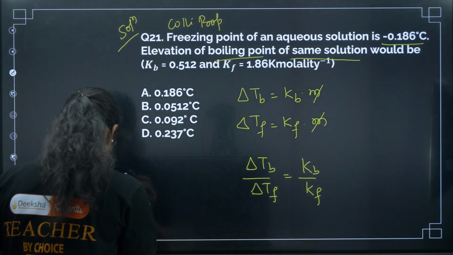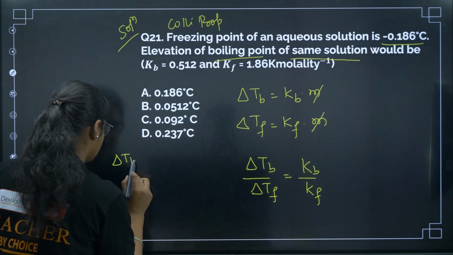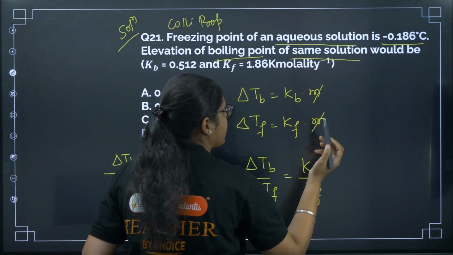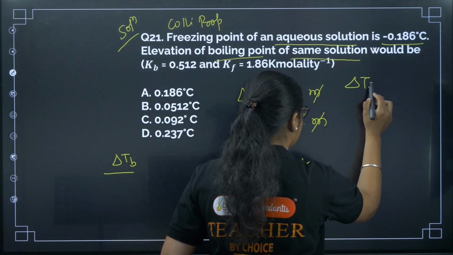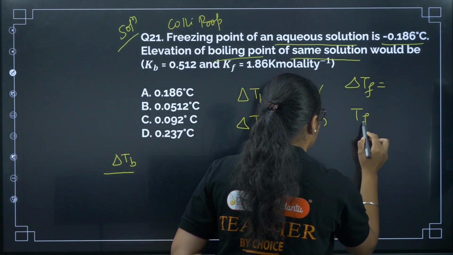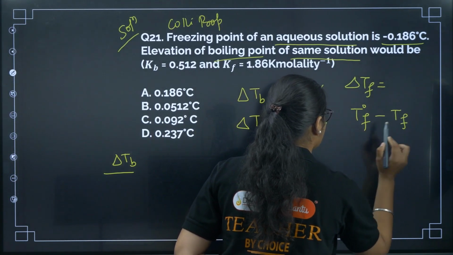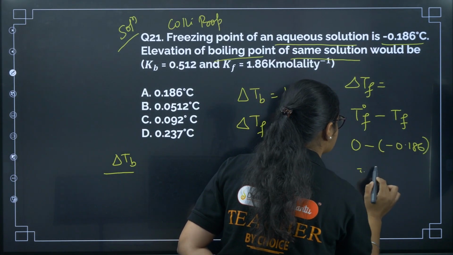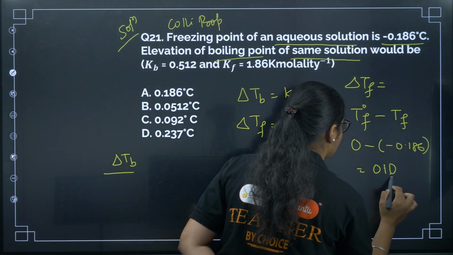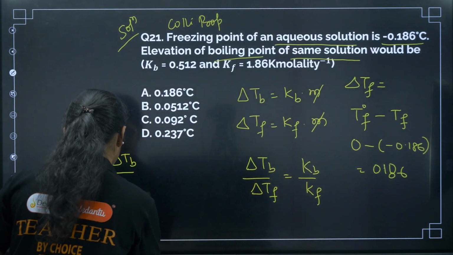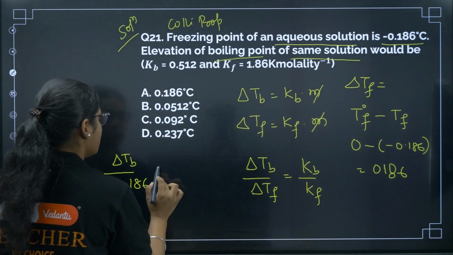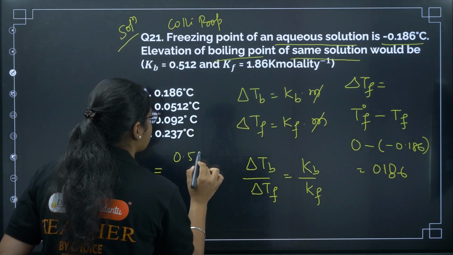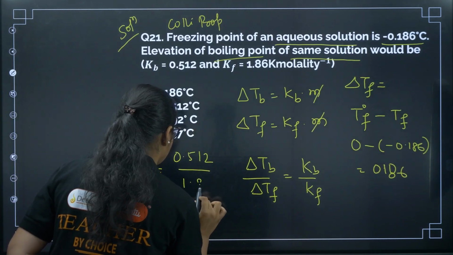Now if you put the value here, delta TB is equal to, delta TF is what? For aqueous solution, delta TF is equal to T naught of F minus TF, right? So 0 minus (-1.86), that is equal to 1.86. So we can substitute here, delta TB by delta TF is equal to KB by KF. KB is 0.512 and KF is 1.86.